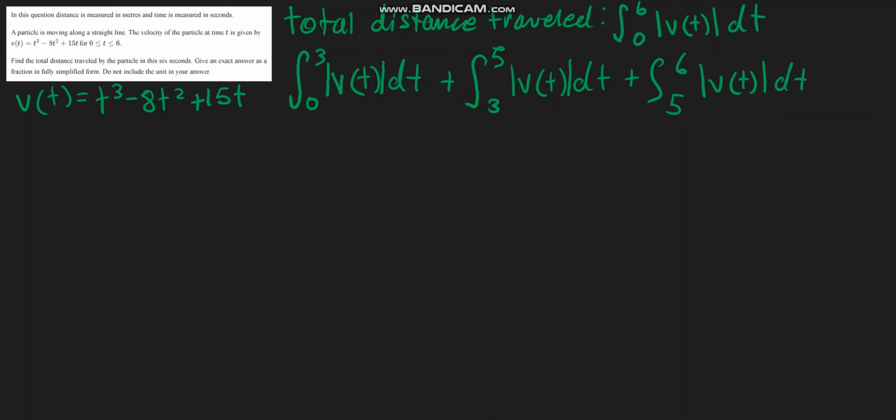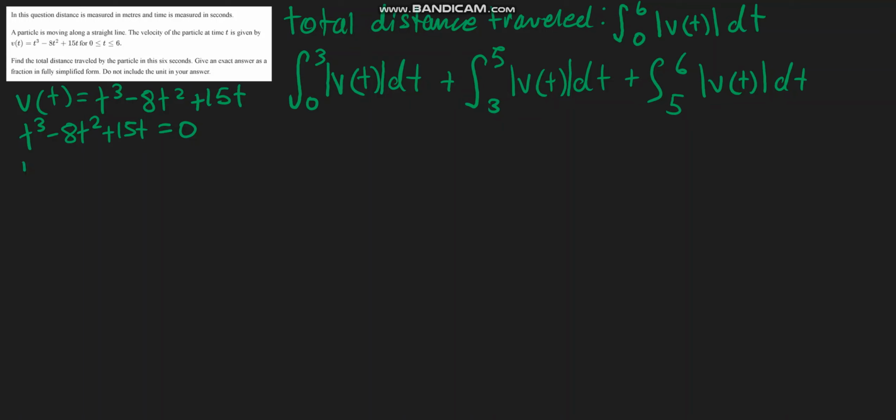Okay, so you may be wondering where I got these intervals from. We have to find the zeros of the velocity function in order to know when it changes direction and to find the area under those curves.